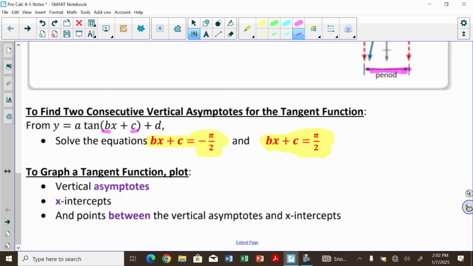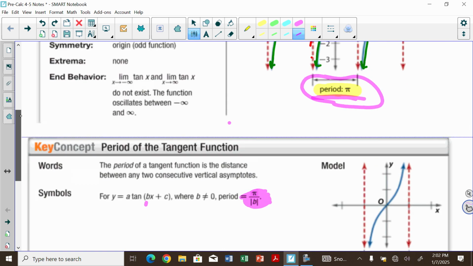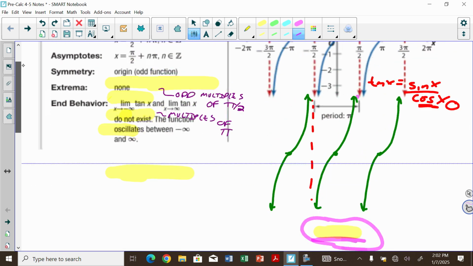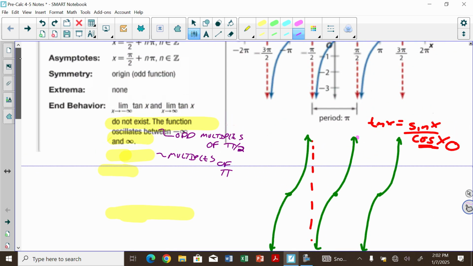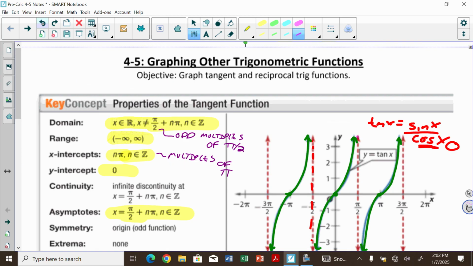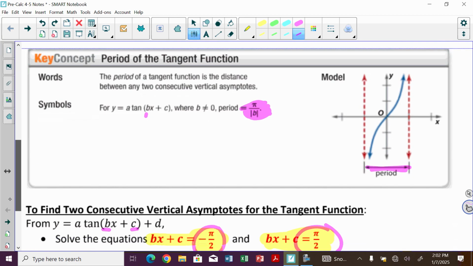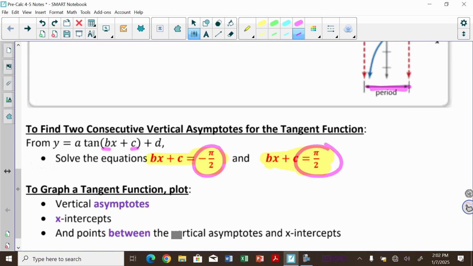Now, where do we get these values from? Well, that goes back to where we talked about how we have these odd multiples of pi over 2 where we have our asymptotes. That's how we got those, okay?